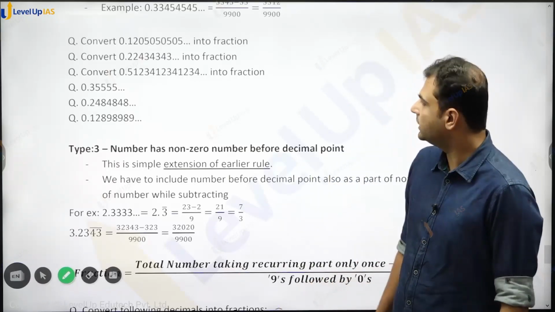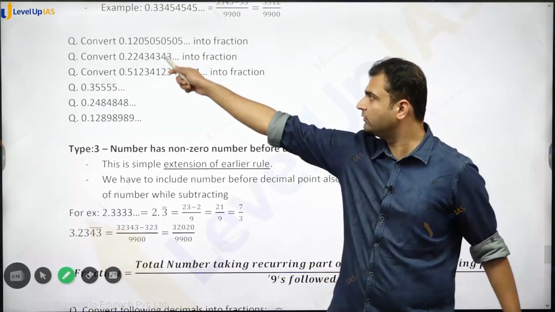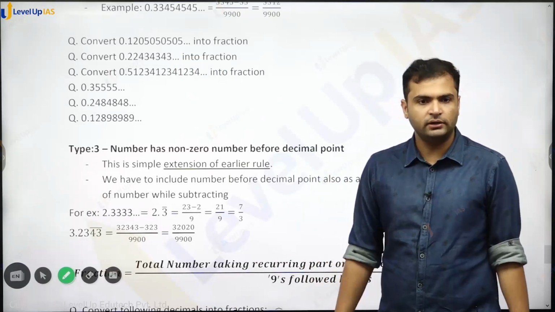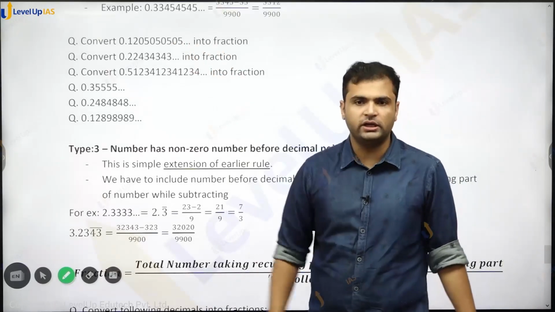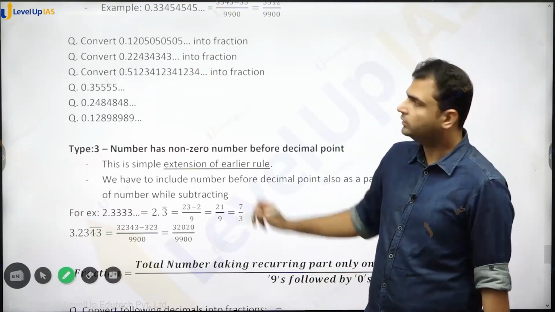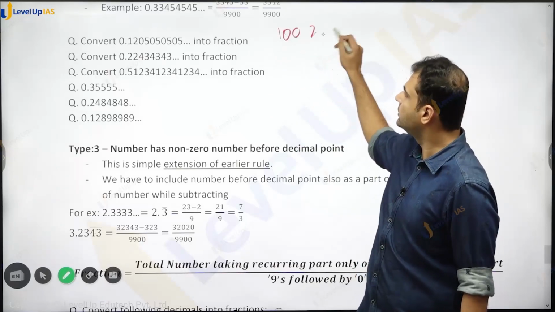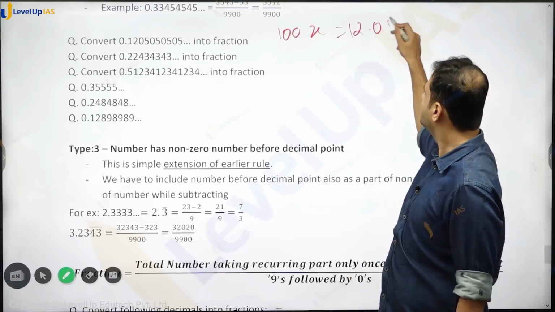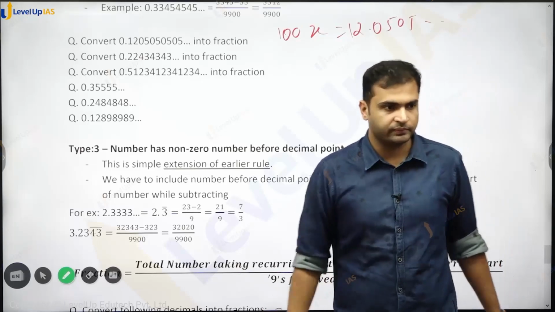अच्छा, ठीक है। So you are multiplying first number by firstly 100 to get repeated part immediately after the decimal point, है ना? 100x is equal to you will get 12.0505 and so on.